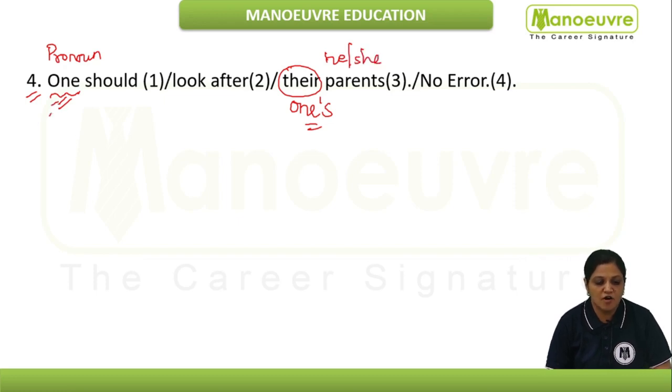One will always be followed by the pronoun one. That means the error is in the third part of the sentence. So here we can read it: One should look after one's parents. This is going to be the correct sentence.